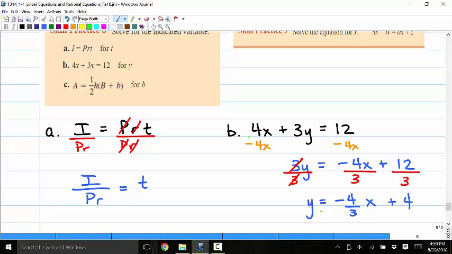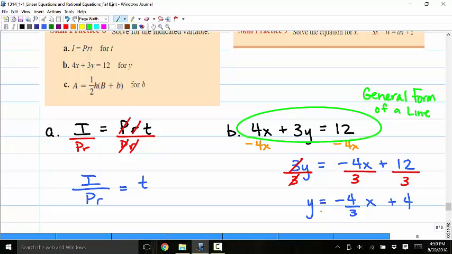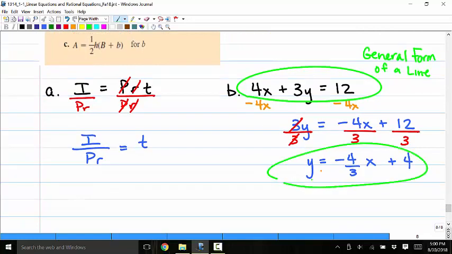Looking ahead, this is the form of a line given in what's called general form. This is the general form of a line. And when you solve for the y equals, this is called the slope-intercept form of a line.